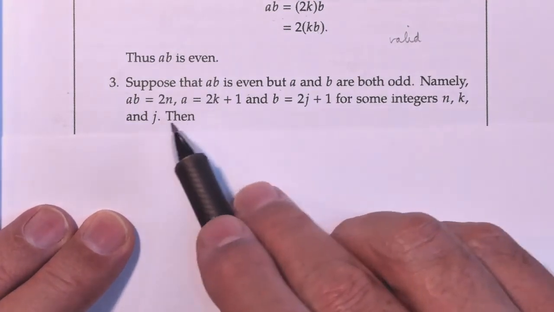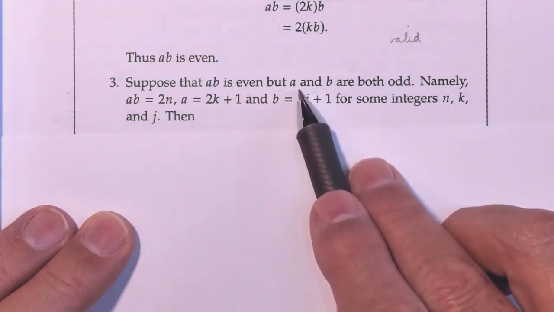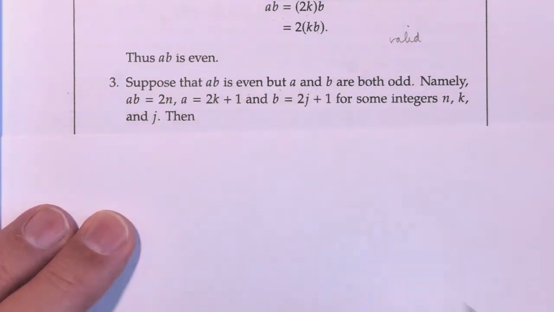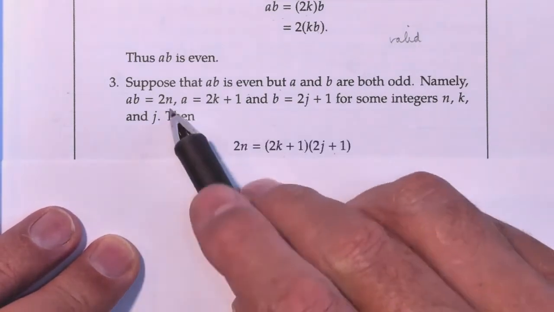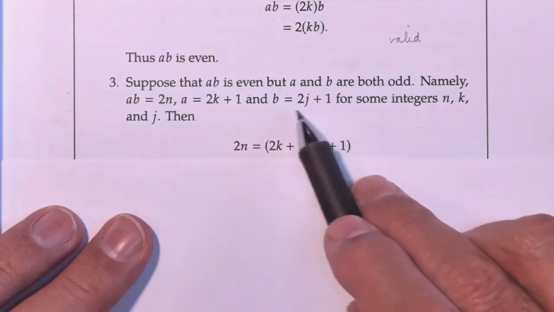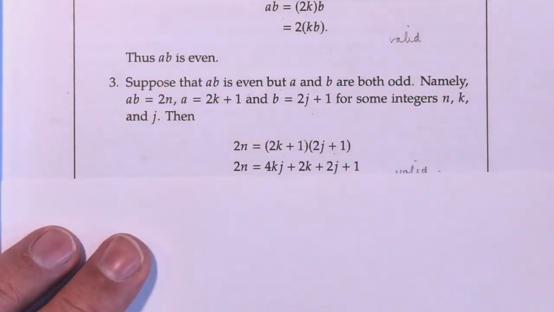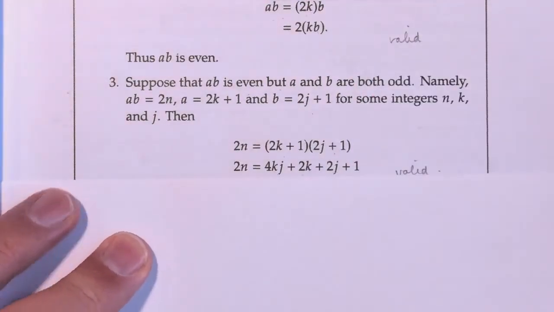Okay? So suppose this product is even, but A and B are both odd, so they take on those two forms. Then let's see. AB is 2n, so I need to multiply that with that. I get to the same thing that I got to right at the top.